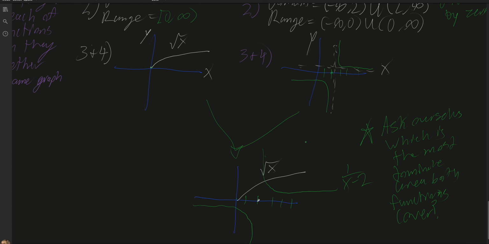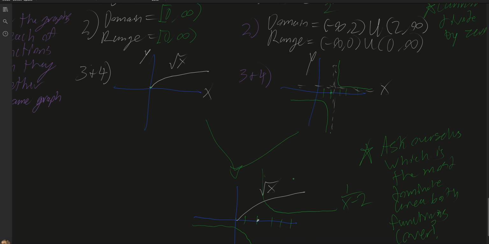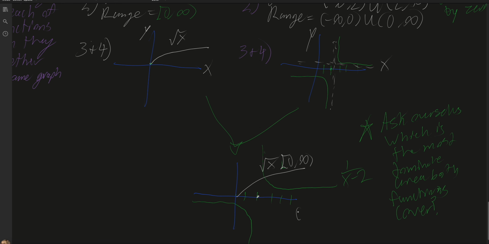And so it looks like, since we already have our domain and ranges, our domain would be, in this case, actually I'll use this white color over here, since we know it's 0 to infinity, and then we know that for 1 over x minus 2 it's negative infinity to 2 in union, 2 to positive infinity.